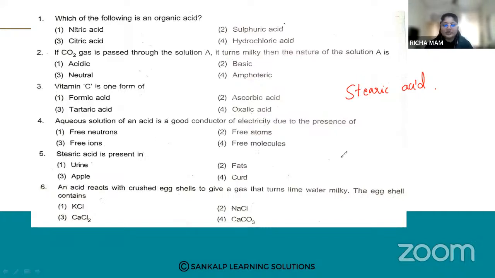Stearic acid is present in. Yes, students. Apple, what does apple consist of?